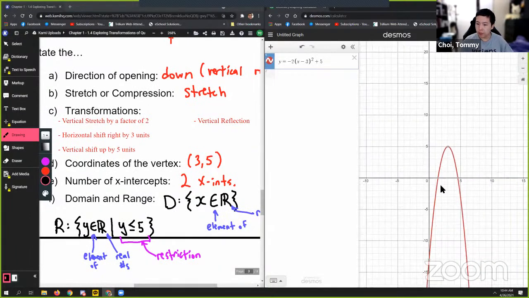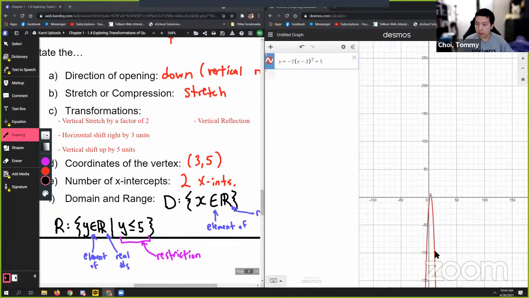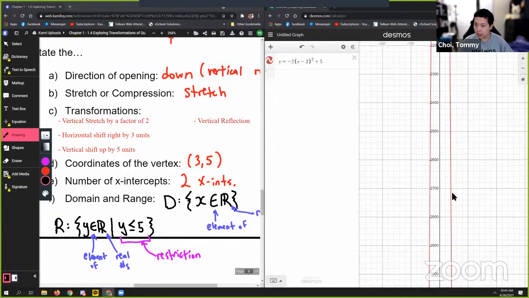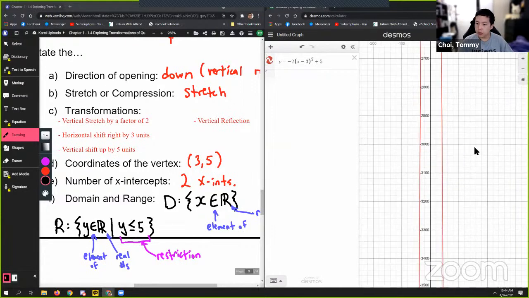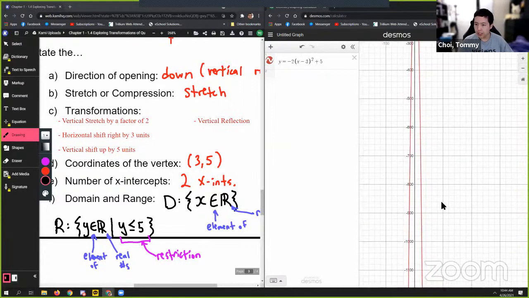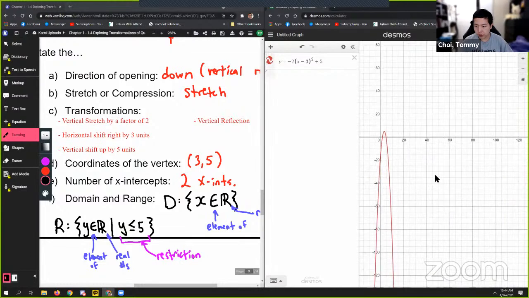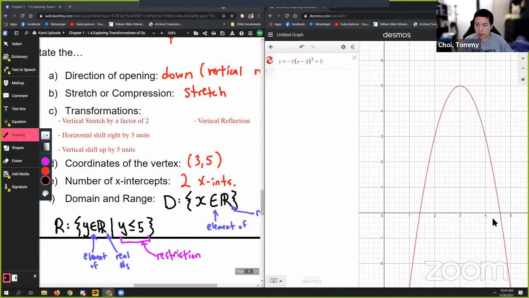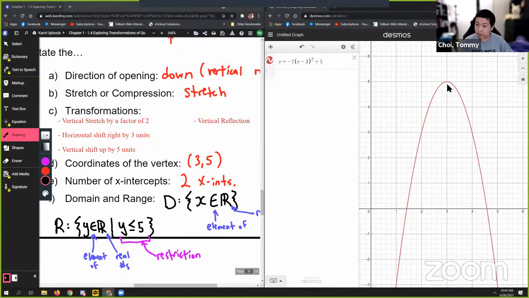If I continue to zoom out forever, X is going to keep going on forever. It just keeps going on and on. There's no restriction. X goes on forever. But for y, there is a maximum point.